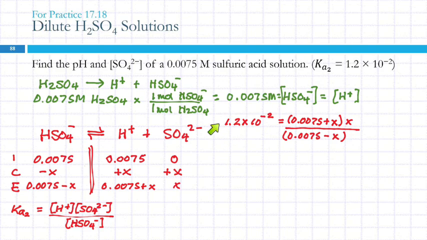So if X is 1.2 times 10 to the minus 2, we would have to divide it by 0.0075, multiply by 100, and we get 160%. X is not small. So we can't ignore it on a dilute sulfuric acid solution. So we have to go through and use the solver or whatever alternate method you have for figuring these things out.